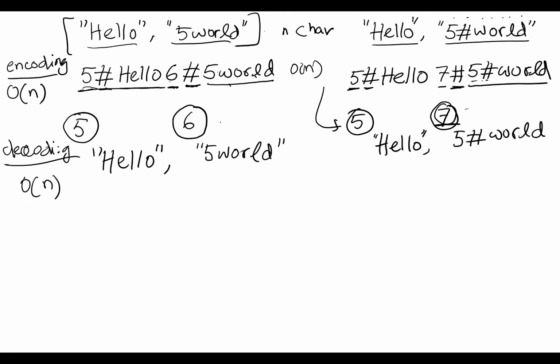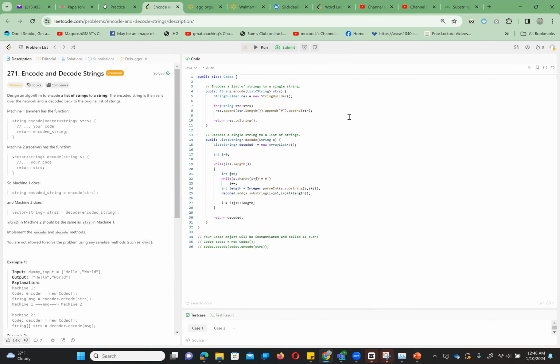And the only extra space I'm using is these ones, the numbers and some delimiters. So we can say the space is order of k, that is the extra characters that we are adding due to the length of the string and the delimiters. Let's take a look at the code.